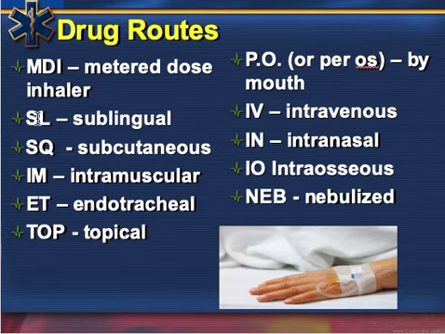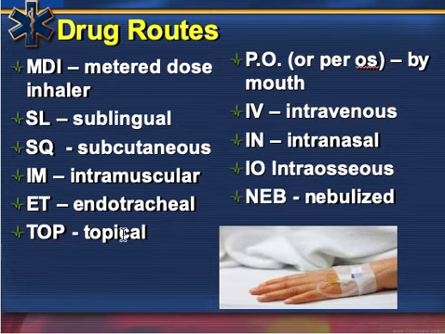Sublingual is SL. SQ refers to the subcutaneous route. IM, intramuscular. ET, endotracheal. Remember, we saw earlier that ETT refers to the endotracheal tube, right? So in this case, we've just dropped that extra T, and therefore we've dropped the word tube from it.